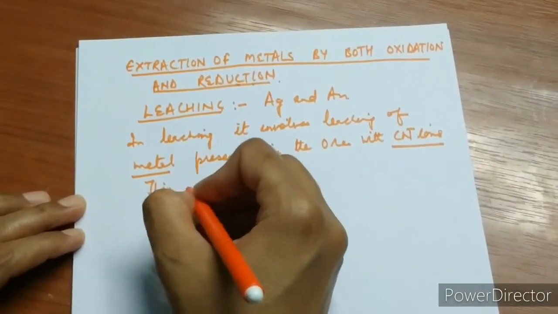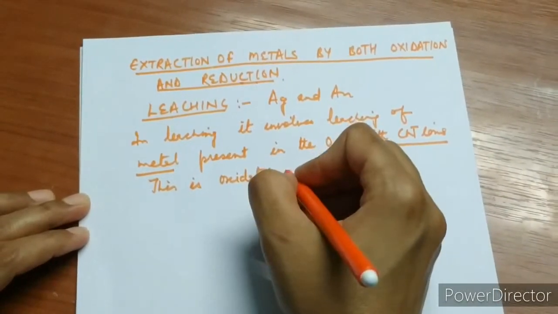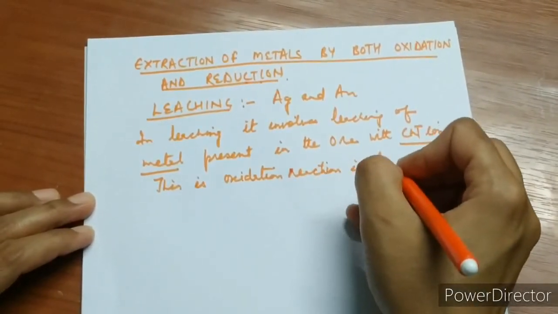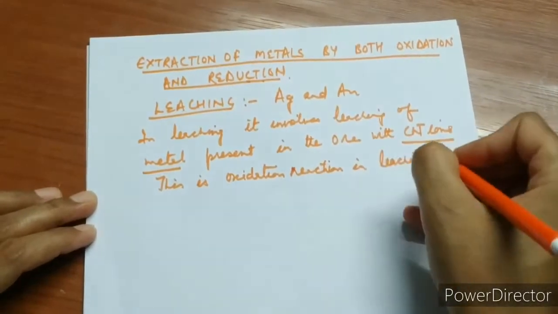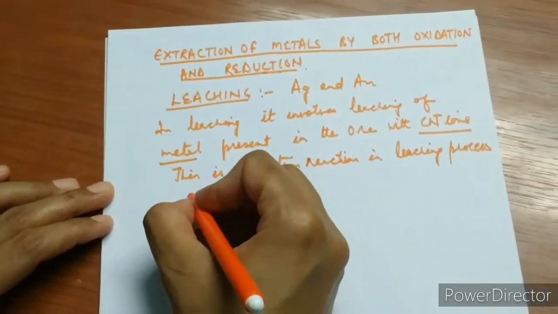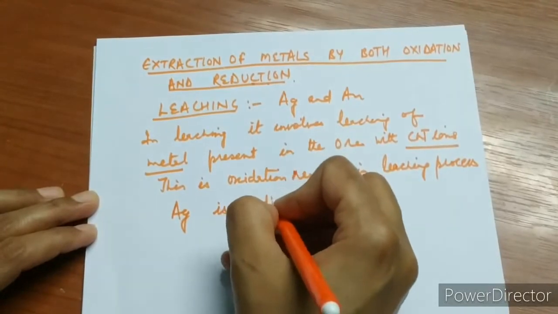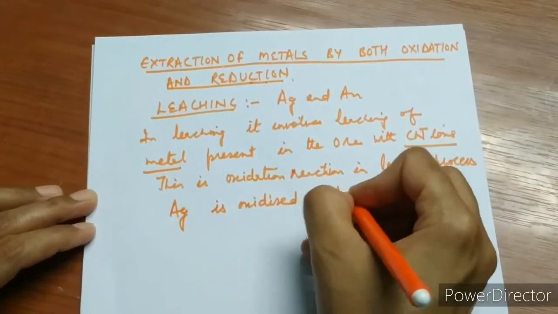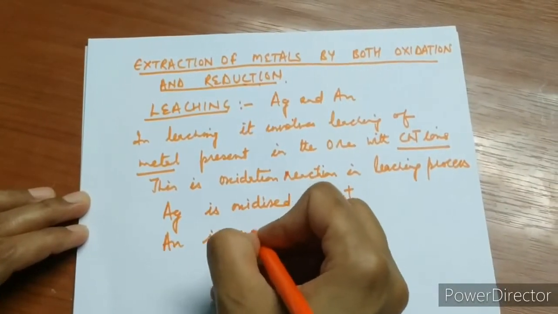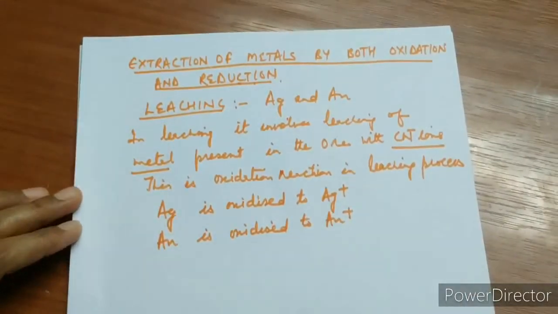This is the oxidation reaction in the leaching process. So in this, Ag, silver, is oxidized to Ag plus and gold, Au, is oxidized to Au plus.